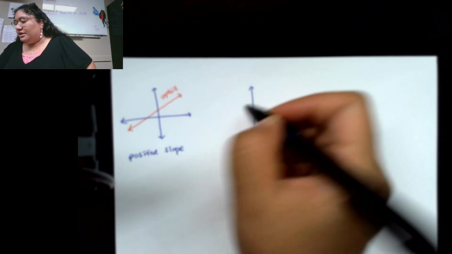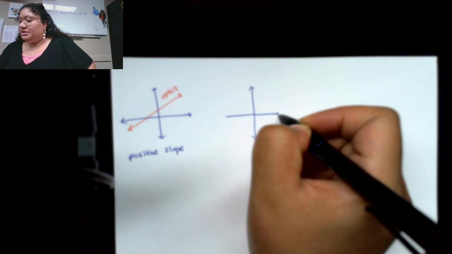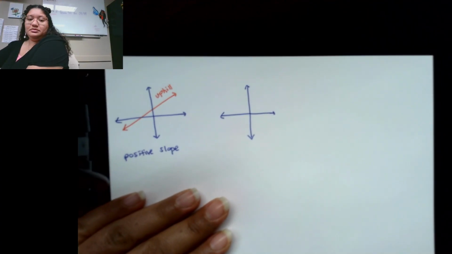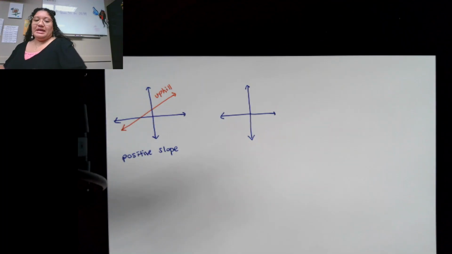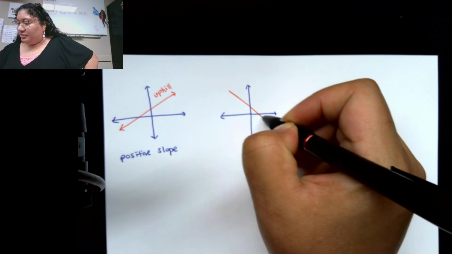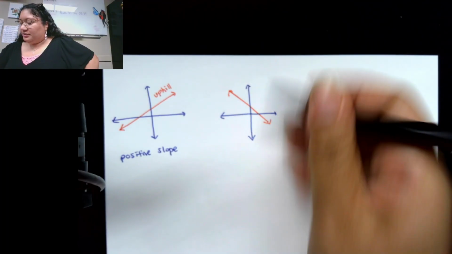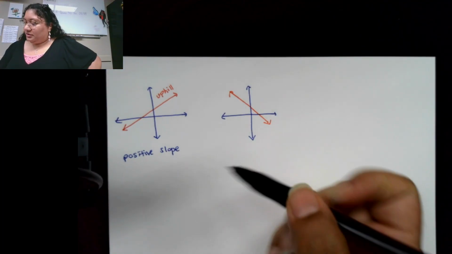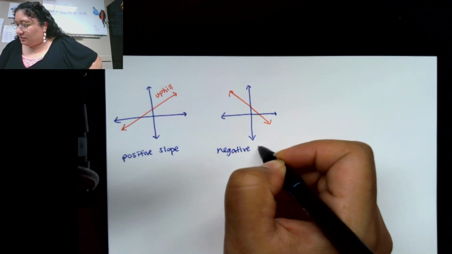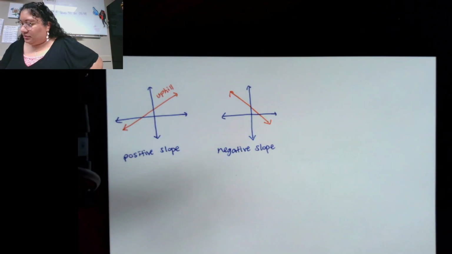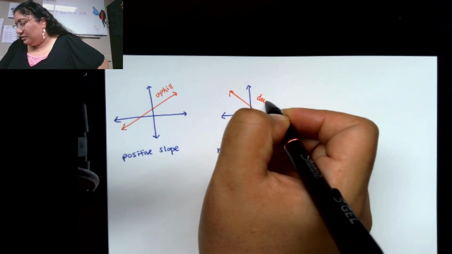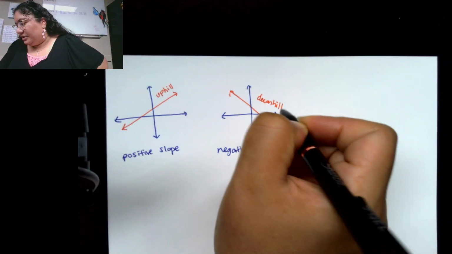So if uphill is a positive slope, what would downhill be? Downhill would be a negative slope. So the moment it is going down, again, this is downhill.